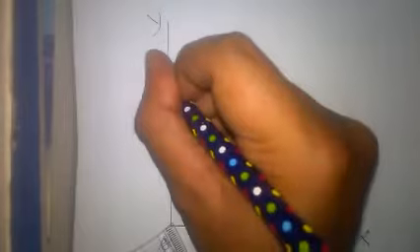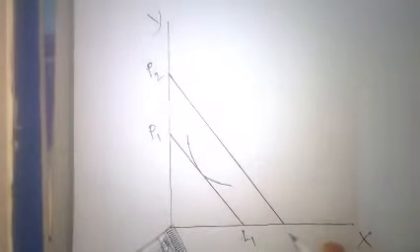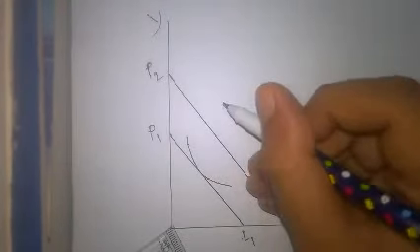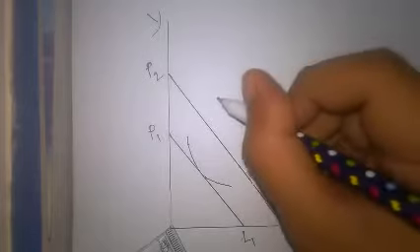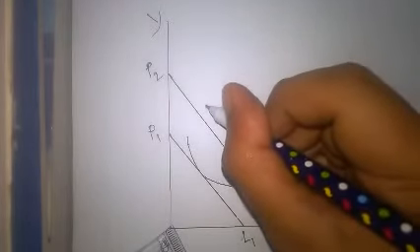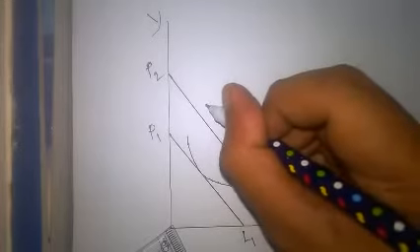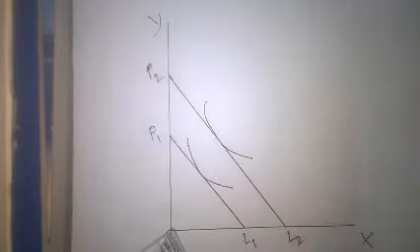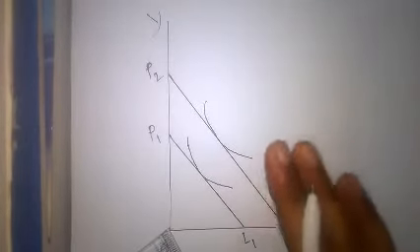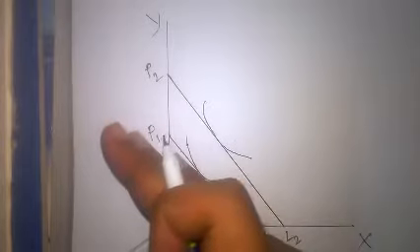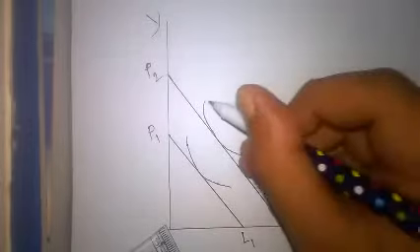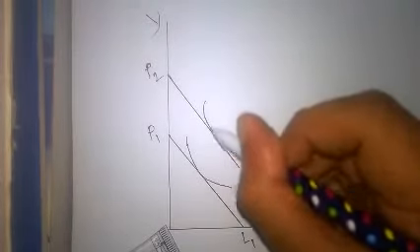Okay, so now this new budget line can be labeled as P2L2, which means price line 2. So now the consumer will have a new indifference curve like this. So this is the new indifference curve. We can draw this here. All right, so we can see that as the consumer's ability to purchase has increased to a new budget line situation, he will also have a new indifference curve.